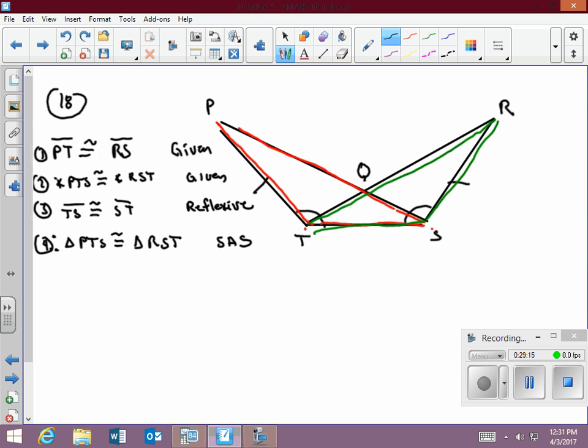But to be really accurate, this is important to say, this side should be listed as TS, and this side should be listed as ST, because that's the way they go around.